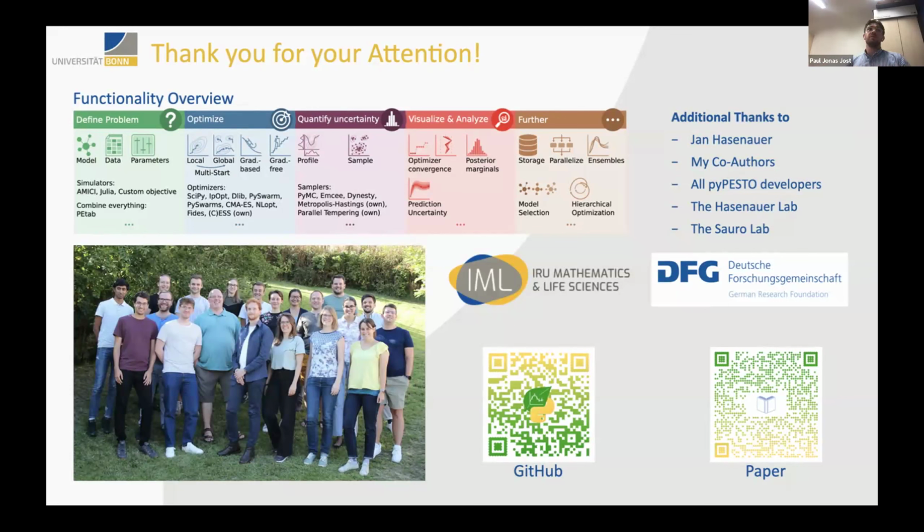There are a multitude of options that depends on the censoring of the data. But pyPESTO is able to handle this. Mainly, to be fair, I think it's PEtab that is able to handle this. And then pyPESTO uses this by just saying, okay, if it's below a certain amount, then there's a certain distribution for it. The likelihood function changes. But we are able to do it.